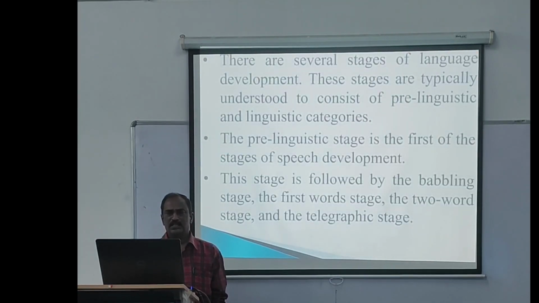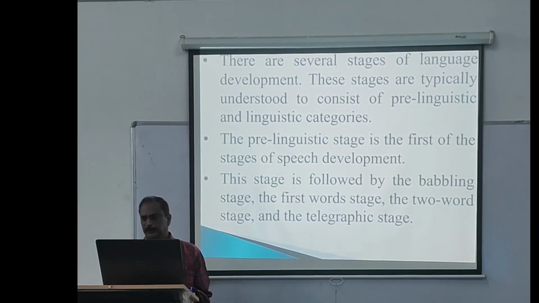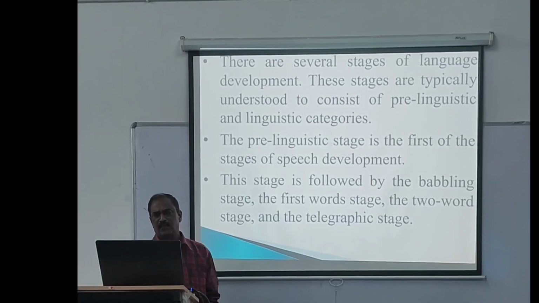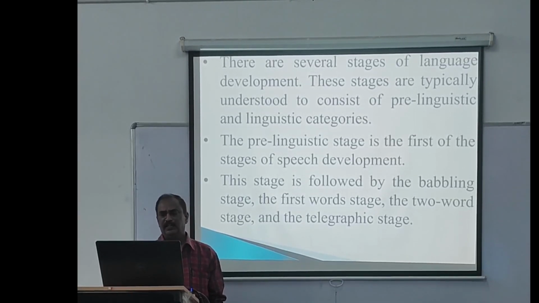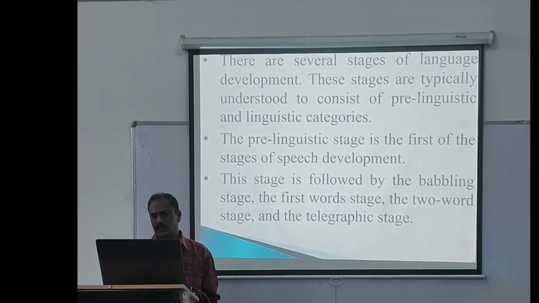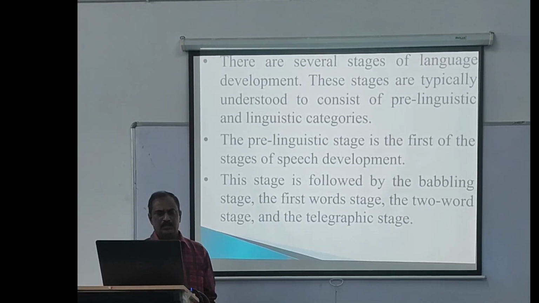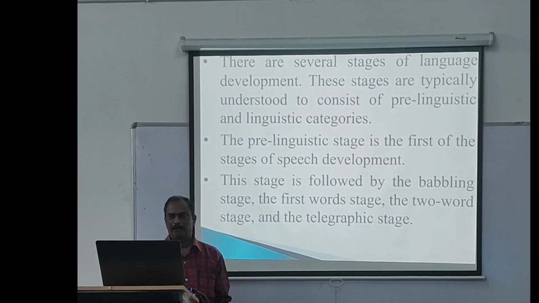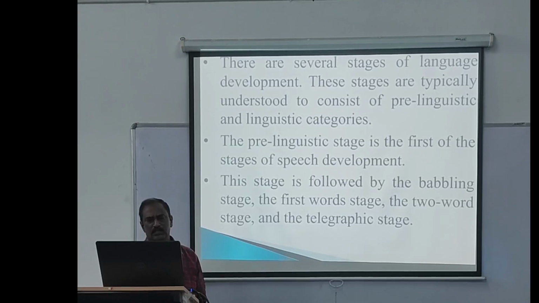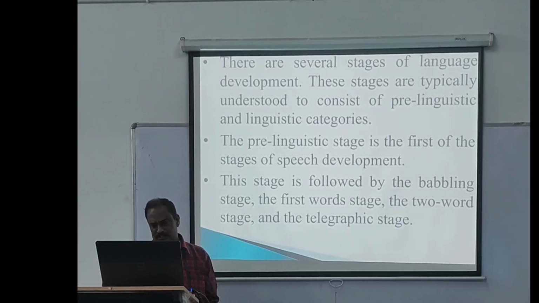So there are several stages of language development. These stages are typically understood to consist of pre-linguistic and linguistic categories. The pre-linguistic stage is the first stage of speech development. This stage is followed by the babbling stage, the first word stage, the two-word stage, and the telegraphic stage.